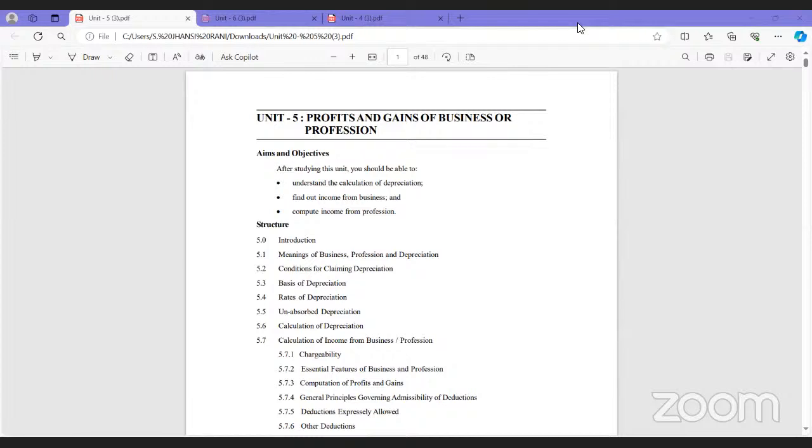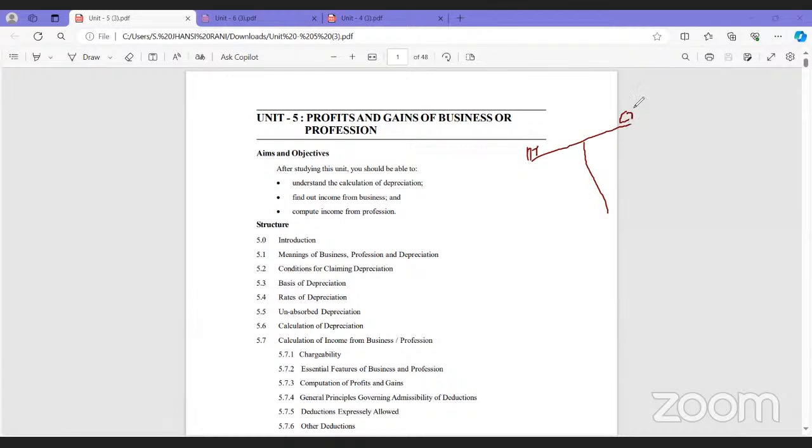So whenever an individual or person or an HUF is doing business, if you remember your profit and loss account, we try to find out whether the business has earned profits or losses. And if you remember your profit and loss account, it is a T-shaped form, debit and credit.